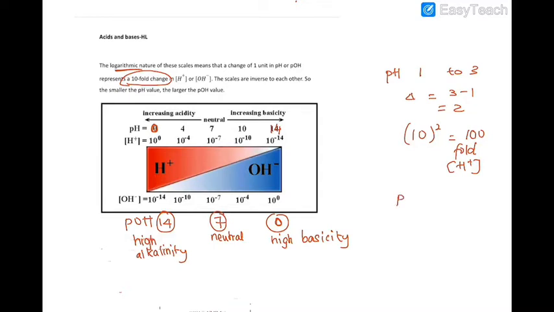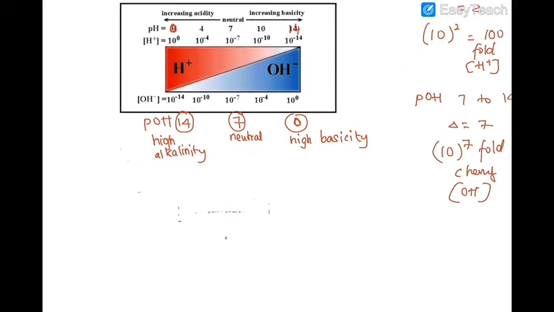Similarly, if the pOH changes from 7 to 14, there's going to be a change of 7. Therefore, 10 to the power of 7-fold change in OH minus ion. So that 10-fold change also applies for the pOH scale.